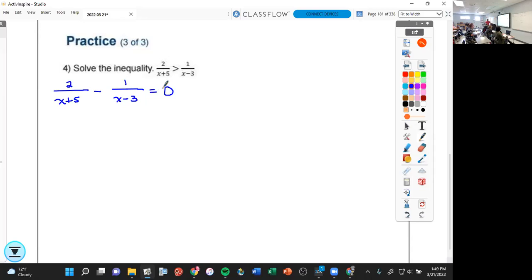Multiply denominators together? Yes, but I'm not going to do that. There would be exponents in the denominators. That is correct, but I'm not going to do that because I want to know what makes the bottom 0. So that's where we're going with this.